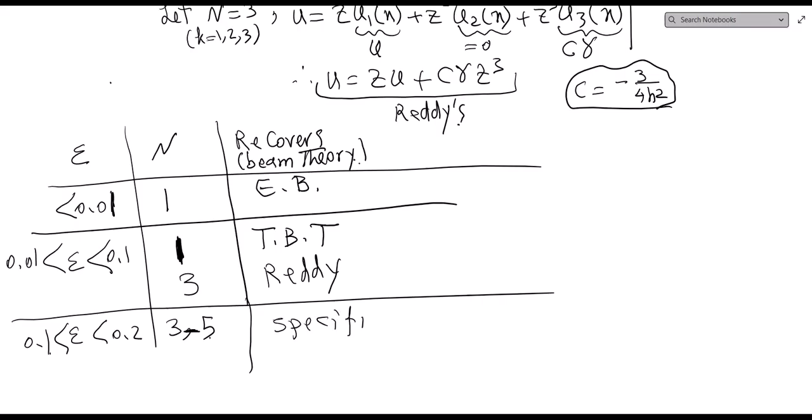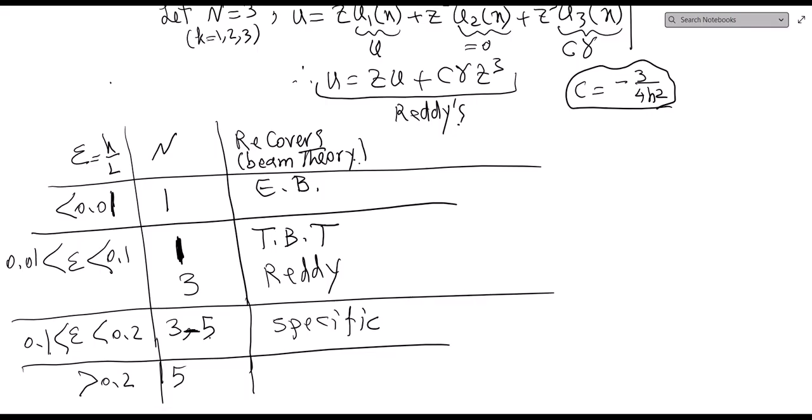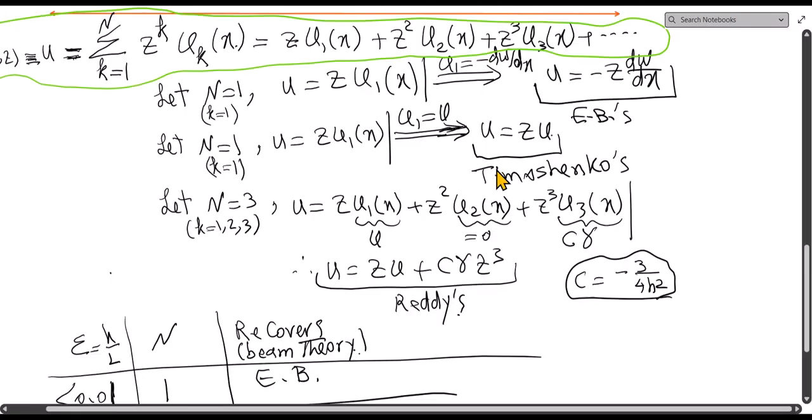And if your epsilon, h over l, is larger than 20%, then you may get an ultra deep or layered beam, multi-layer beam, and then you need to go maybe 5 to 9 terms from the series that we discussed.